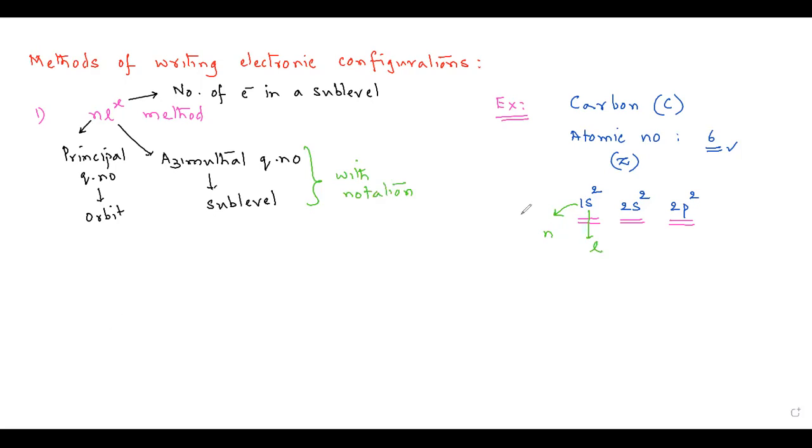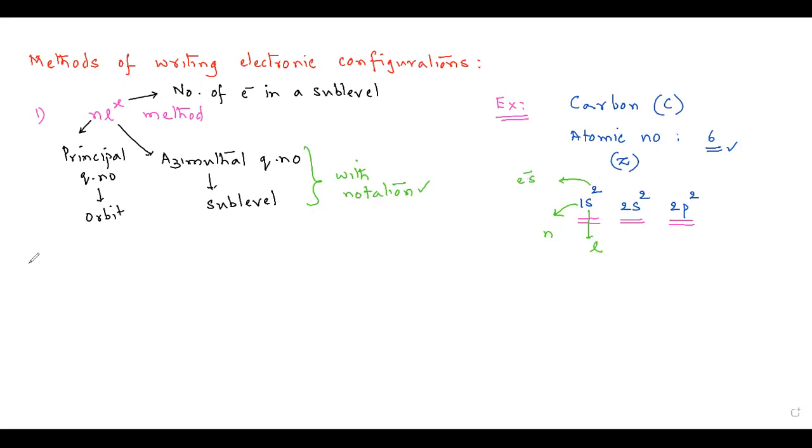I have not written 0 because for the s sublevel, l is equal to 0, but I have written s, which is the notation for l equal to 0. And this is the number of electrons present in the sublevel. So that is how the electronic configuration is written as per the nlx method.